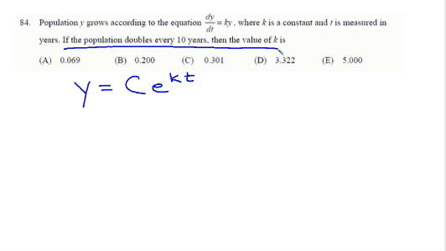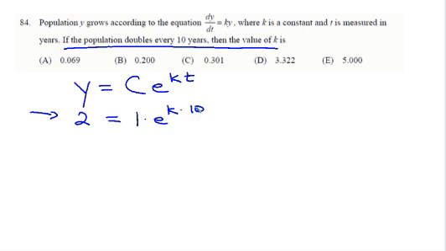So our population is doubling, so I can put a 2 in here for y. And this value here needs to be twice the c value. And that happens every 10 years.